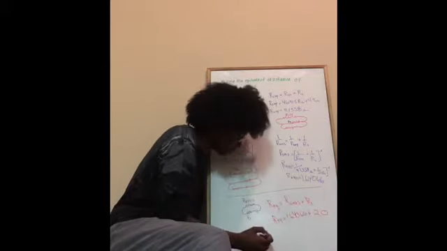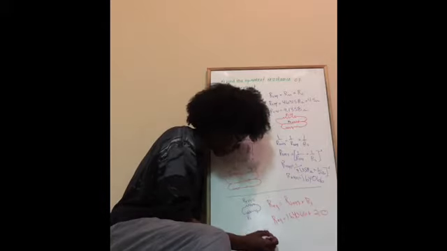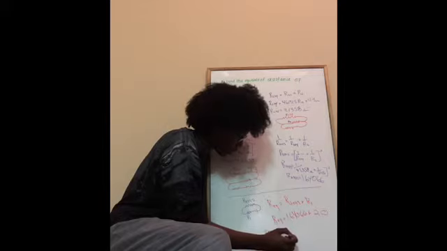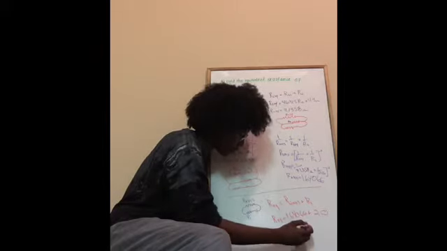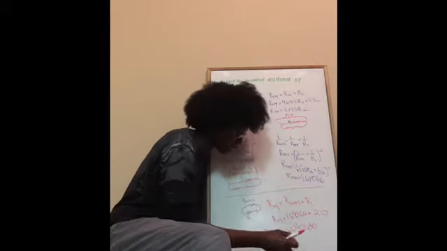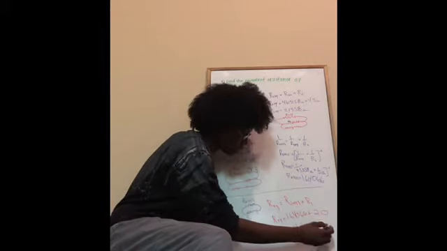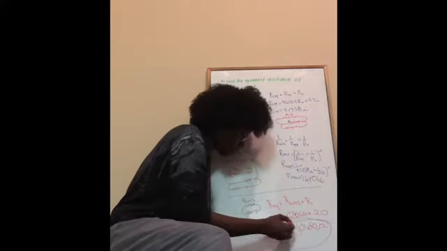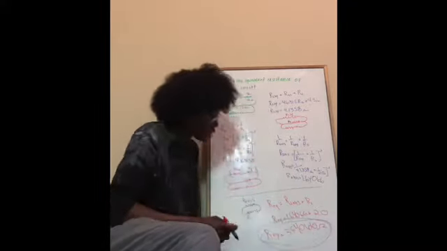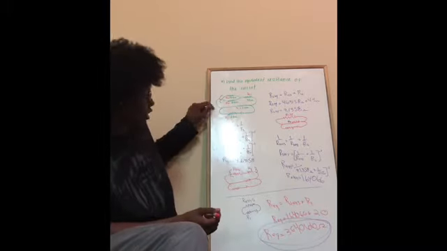And then lastly, our R EQ is going to be equal to 3.64066 ohms. All right, and that will be our final value here. This is our R equivalent for this circuit here.